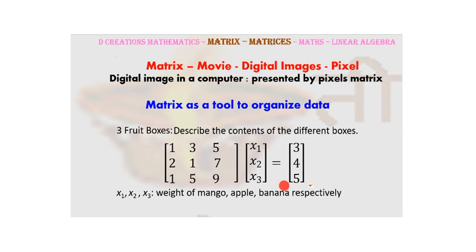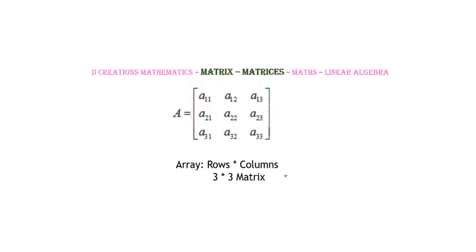So we are trying to organize the data. This particular structure is a matrix. You can have a look at its general form. Suppose it's matrix A, it can be represented in this form where you can see there are three rows.